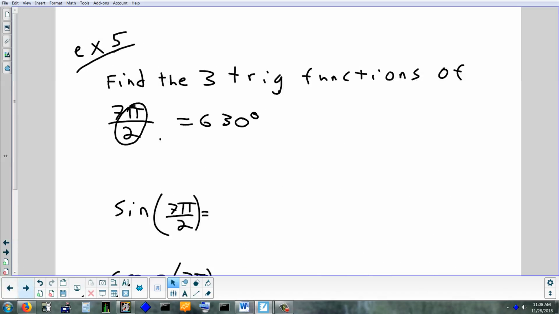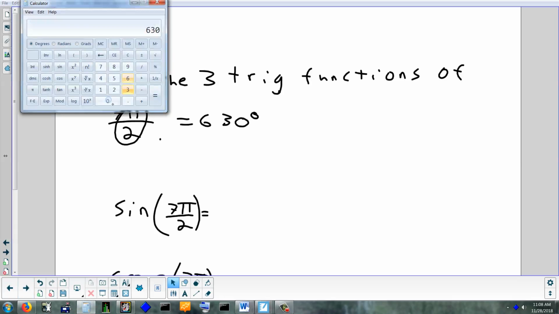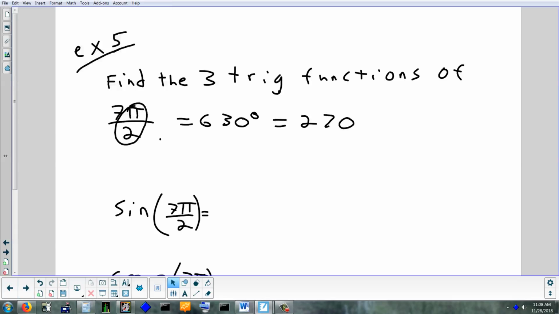Now, that's kind of big. How could I make this smaller? I want to find an angle that's coterminal with it, but smaller than 630. And this is what we did, I think, on the first day. Subtract 360. So 630 minus 360 gives me an angle of 270.